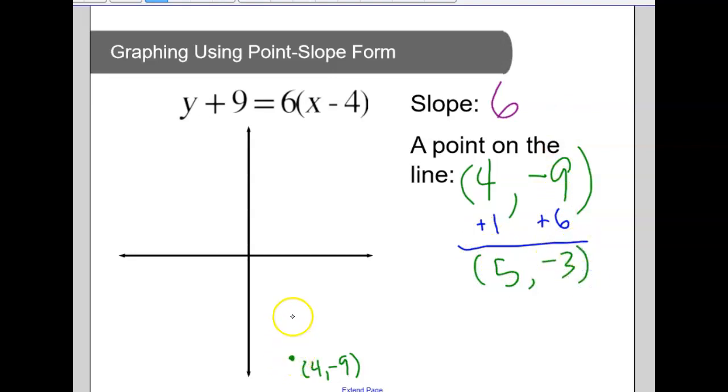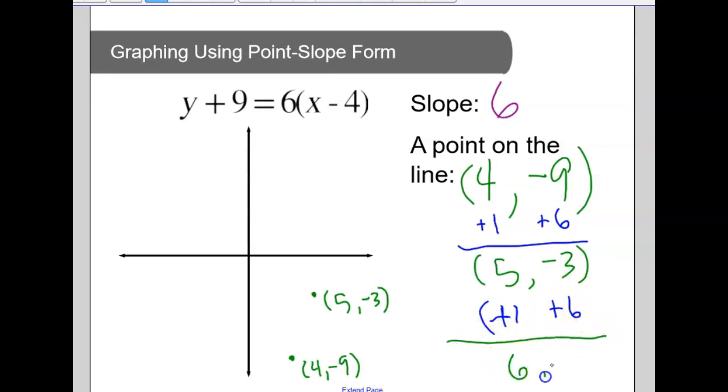So my next point is going to be 5, negative 3. I'm going to go up 6 to the right 1, and we're going to say it's right here at 5, negative 3. Then I'm going to go up 6 to the right 1, and a third point here could be 6, 3.